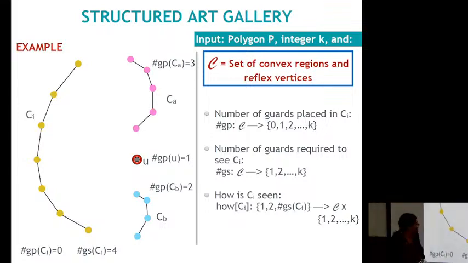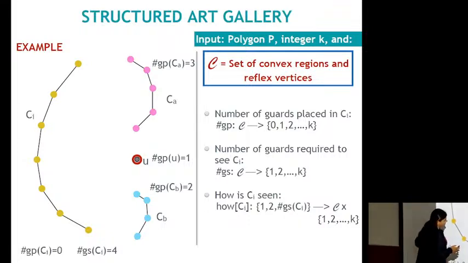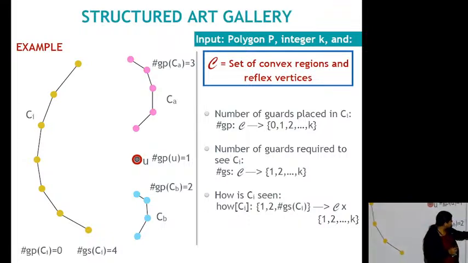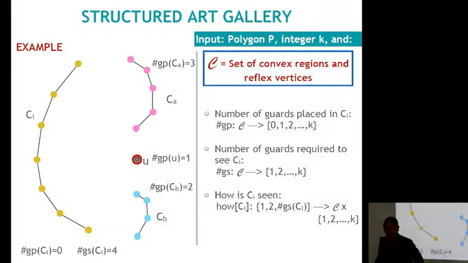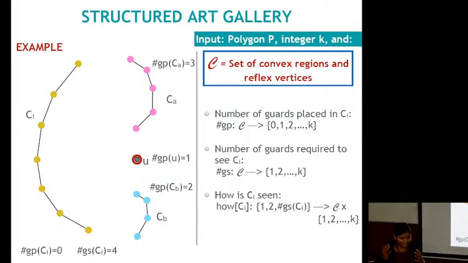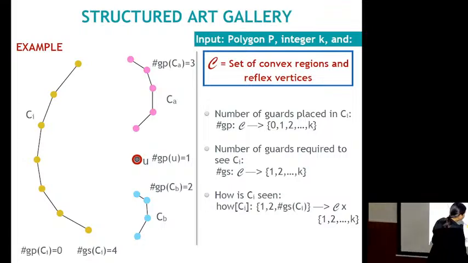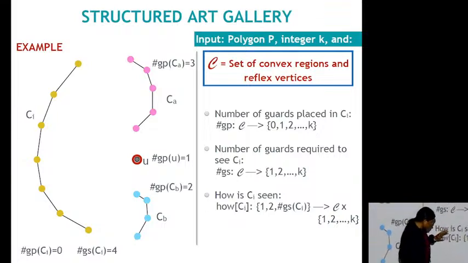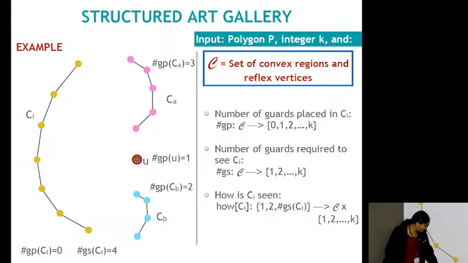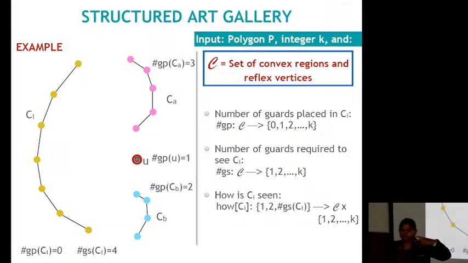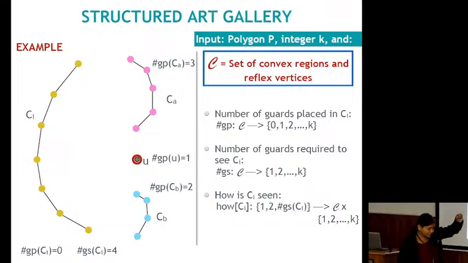Then we will also have, for every element in this fancy C, a function that tells us how this convex region is seen, in the following sense. Suppose that for this convex region Ci, we need 4 guards, which is given by the function #GS(Ci). So 4 guards are responsible to see this convex region together.